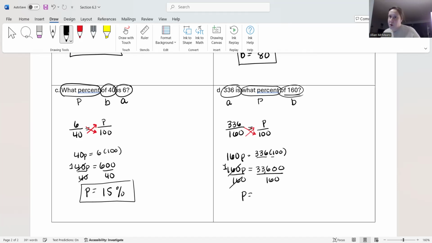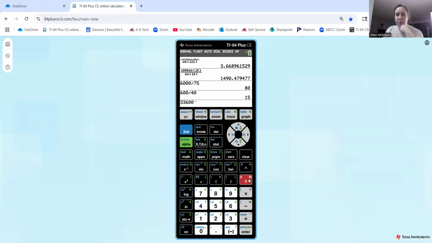And then it would for sure be reasonable to let the calculator do your side work here. So we have 33,600 divided by 160. So let's see, 33,600. We want to divide that by 160, and we get 210, okay?